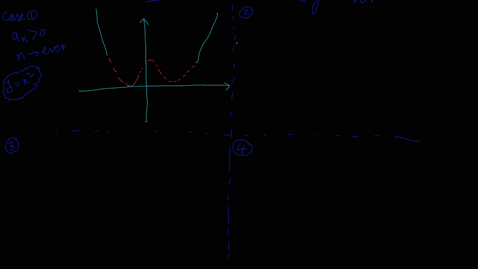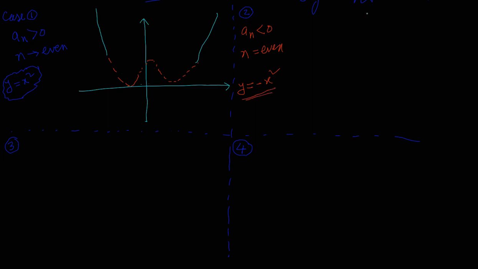Okay, so this is the first case. For the second case, a_n is less than 0 and n is still even, and a similar example is y equals negative x squared. So the end behavior will be behaving like y equals negative x squared.